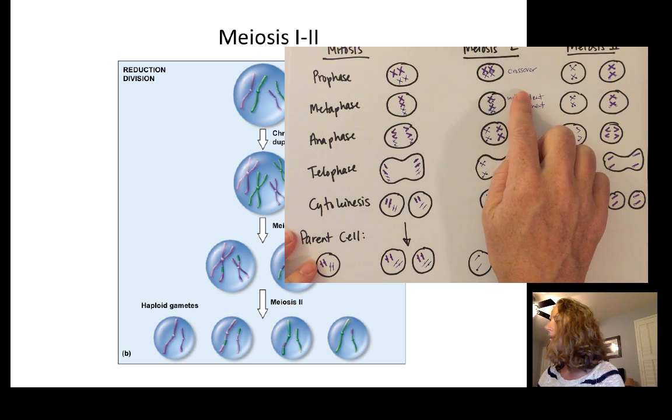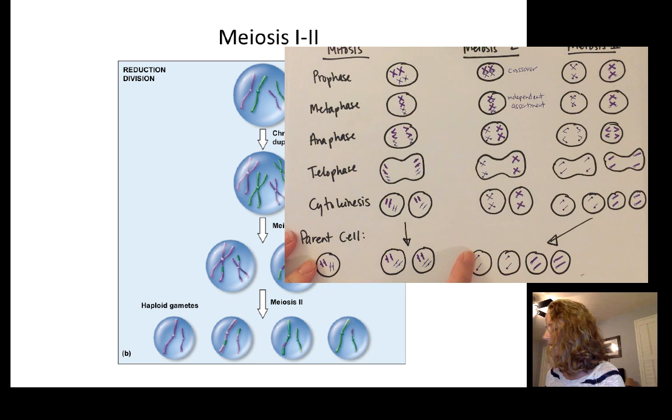They will also be independently assorted, such that you may not always have one mom copy and one dad copy as you do here in the process of mitosis, but you could end up with a bunch of dad copies of chromosome 1 and chromosome 2, or a bunch of mom copies of chromosome 1 and chromosome 2. You should still have the same 23 chromosomes though, they just maternal and paternal origin can be swapped and mixed. So this is why you might look a lot like your grandmother and your sister might look a lot like your grandfather, for example.